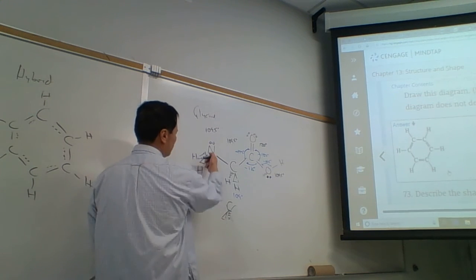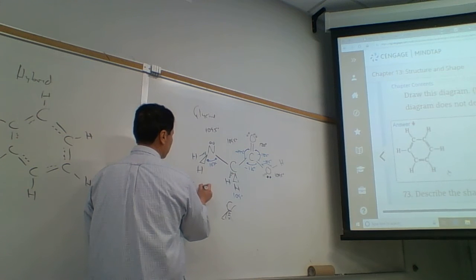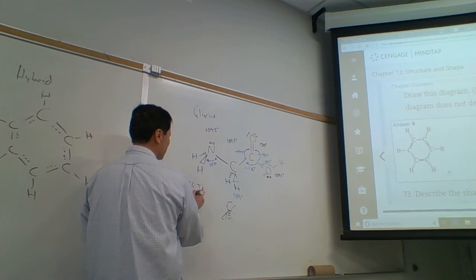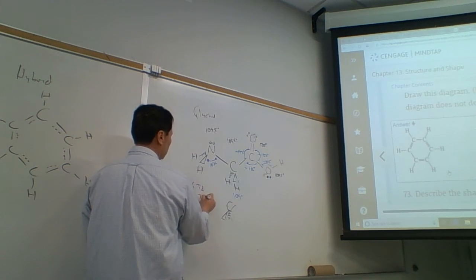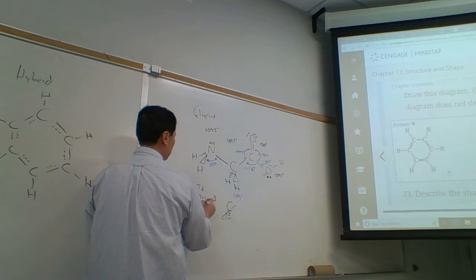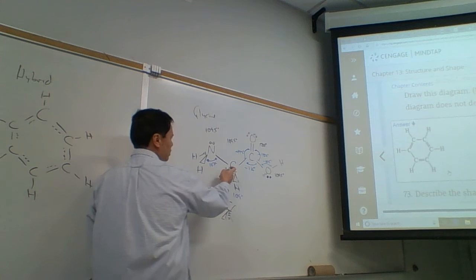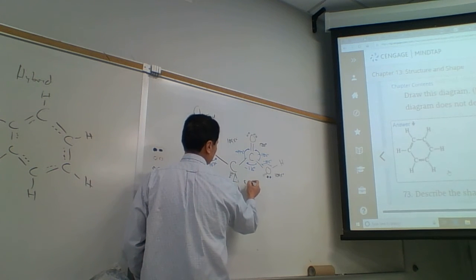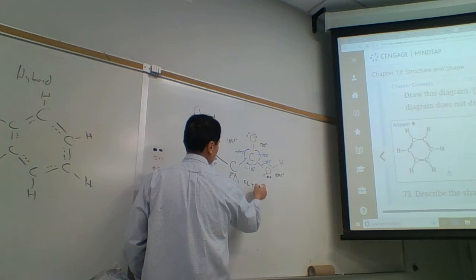And then again, EG for this is tetrahedral, MG is trigonal pyramidal. EG for this is tetrahedral, MG is tetrahedral.